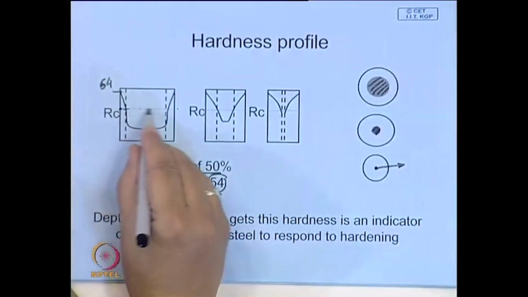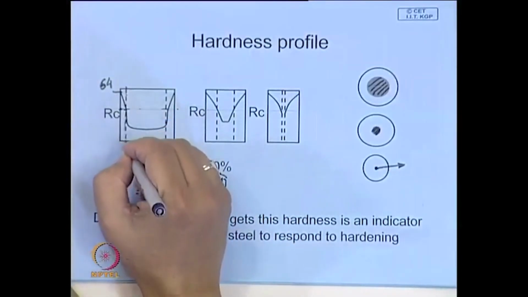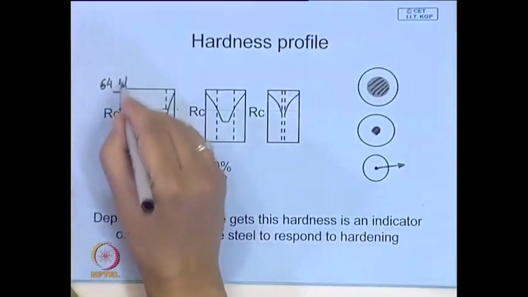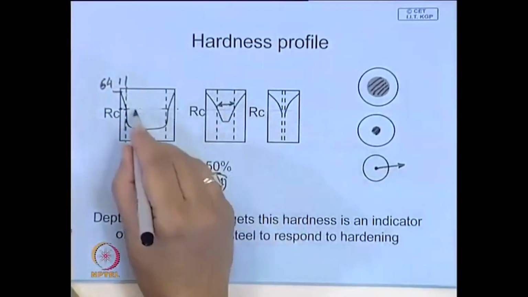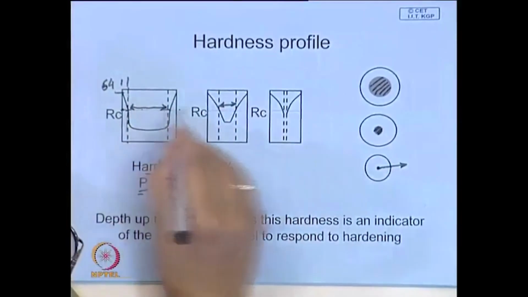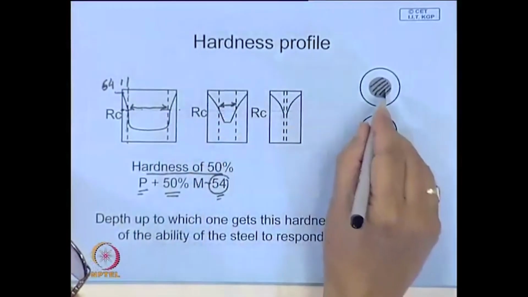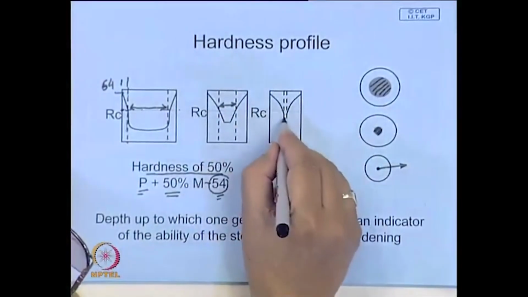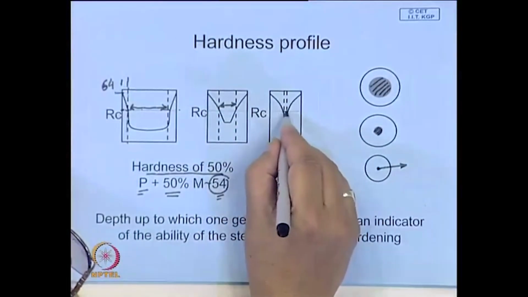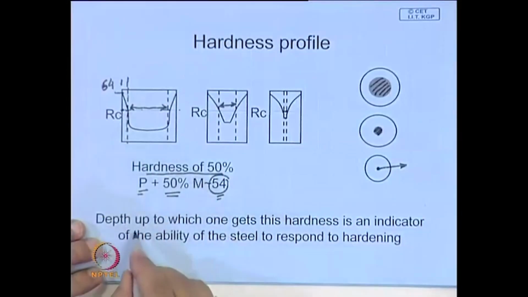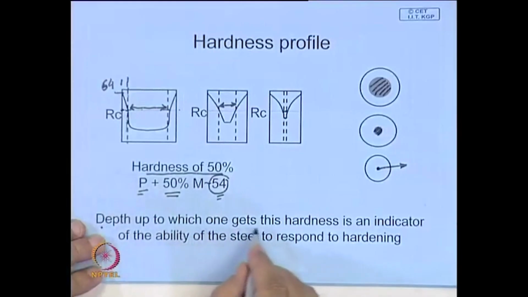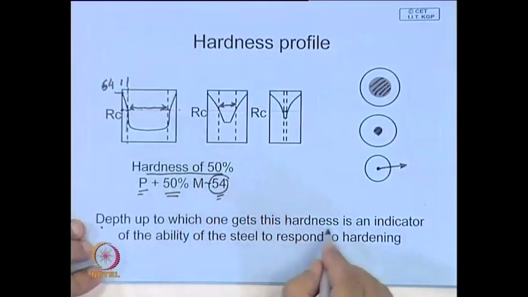So, look at where you have this, then you say this is my depth of hardness, whereas this is the diameter. If you measure, this is the dimension of the core region which you have not been able to harden. So, one way of defining hardenability is this: it is a measure that gives an idea up to what depth one gets this particular hardness.